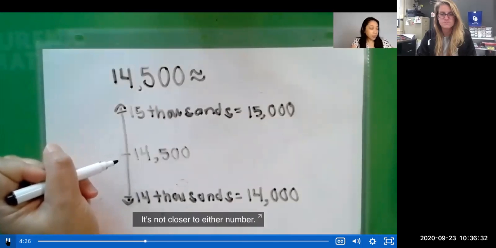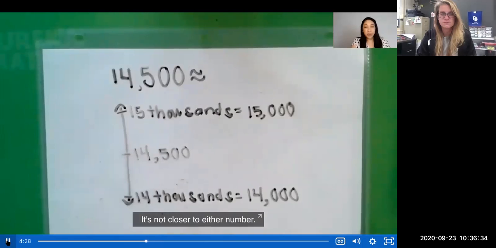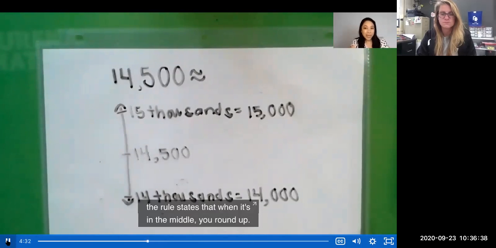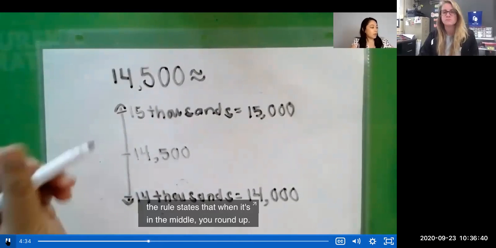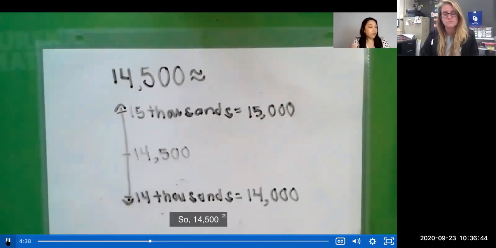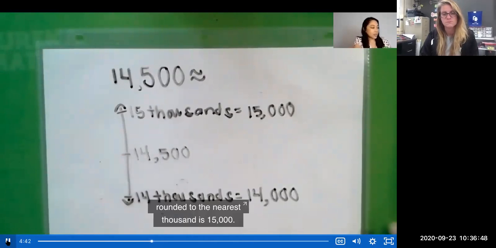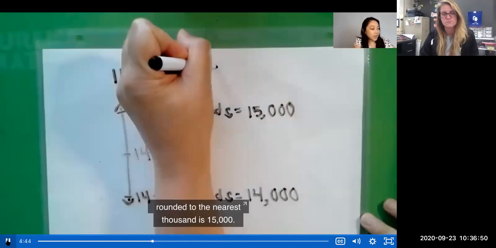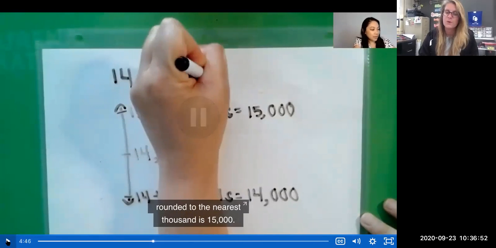It's not closer to either number. In instances like this, the rule states that when it's in the middle, you round up. So 14,500 rounded to the nearest thousand is 15,000. So you always need to remember the rule that if it is directly in the middle, you're always going to round up.